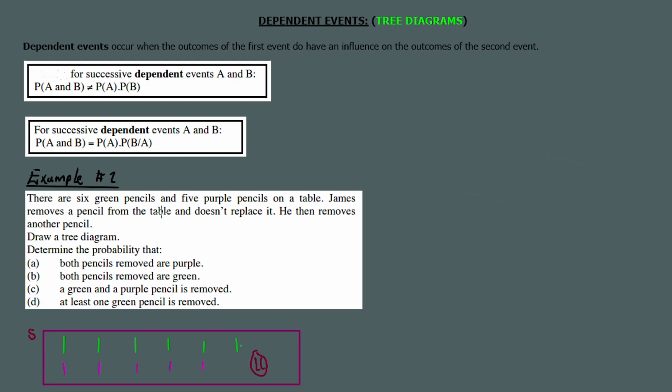James removes a pencil from the table and does not replace it. He then removes another pencil, but let's draw a tree diagram. Sorry. Now, here is our tree diagram. Two things can happen.